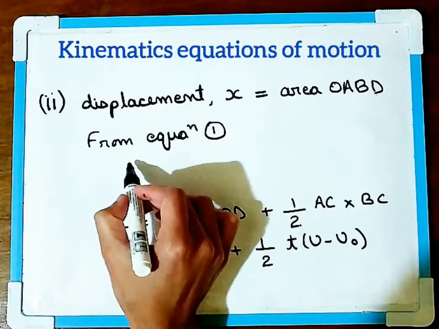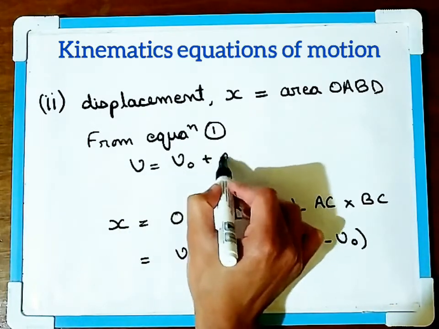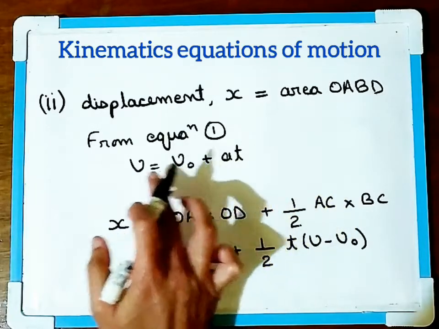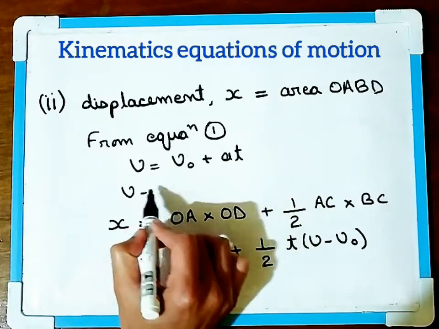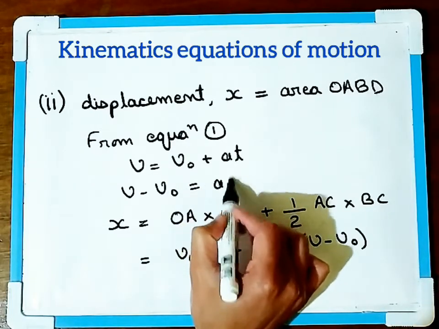If I bring v0 to this side, I get v minus v0 equal to at.